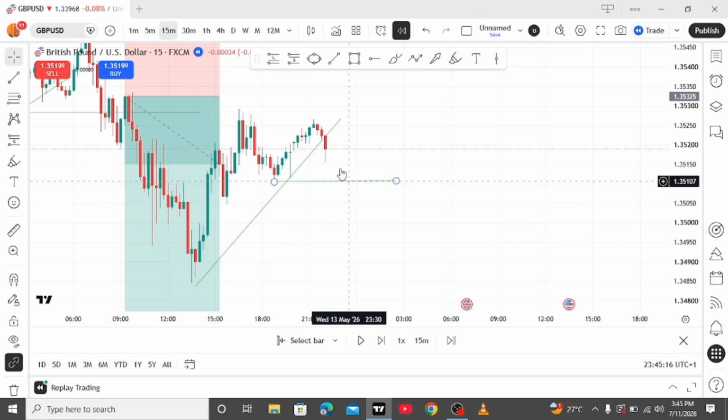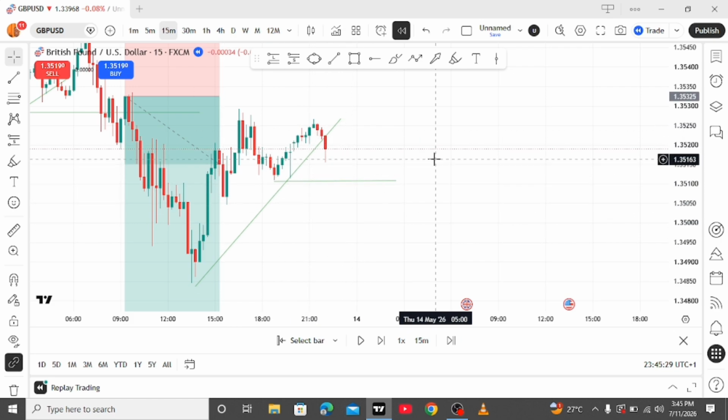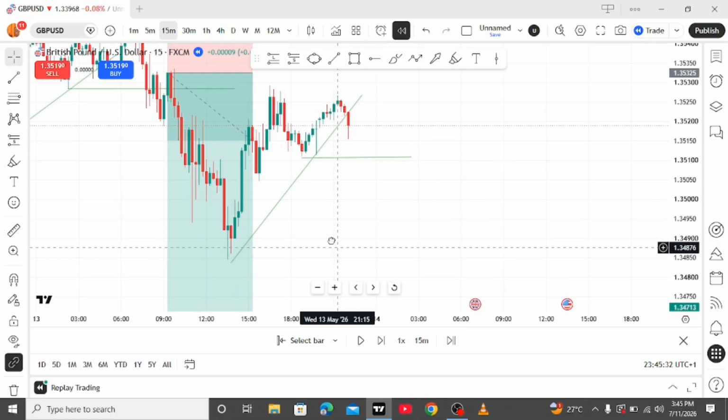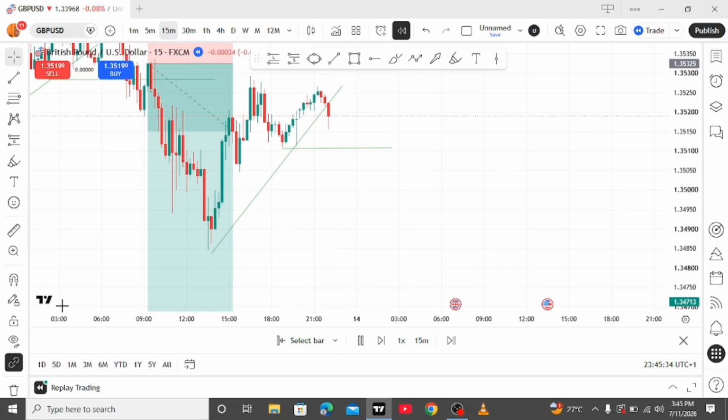We draw a trend line. Now we're waiting for the market to break and retest before we can enter another short position. So let's see what the market does at this point.